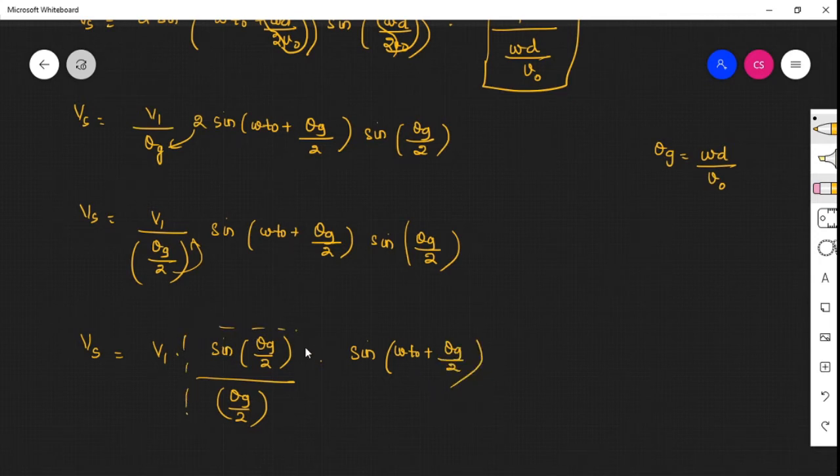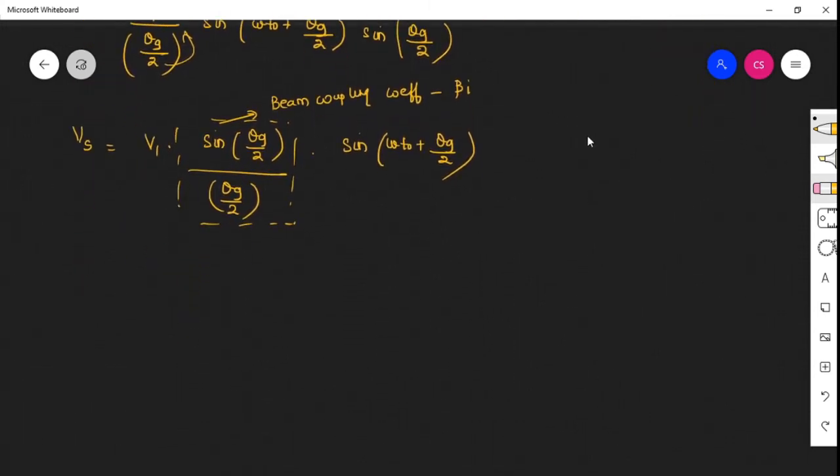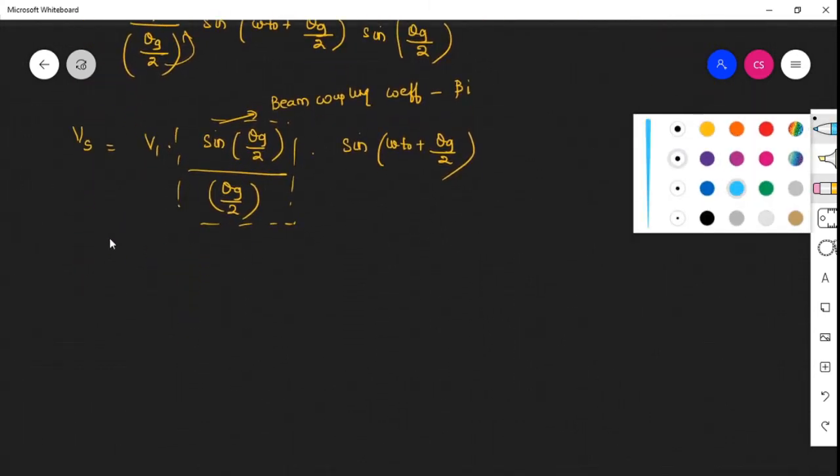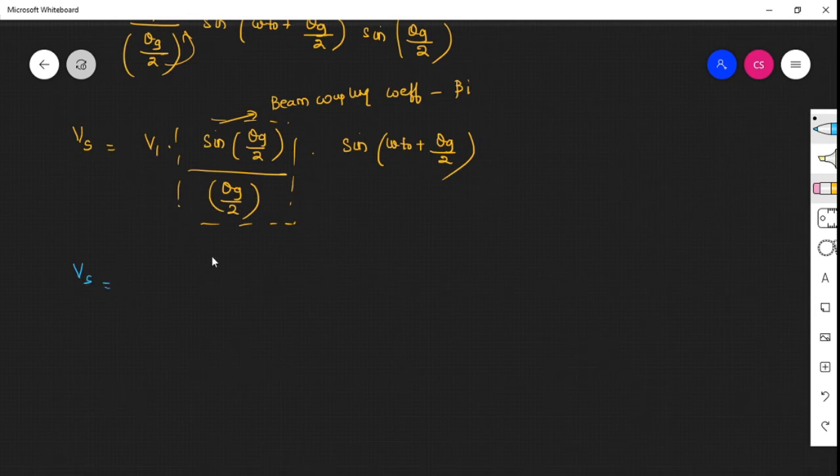This term, sin theta g by 2 by theta g by 2, is called the beam coupling coefficient, and it is represented by beta I. So we're going to write the equation for the average microwave input voltage: Vs is equal to V1 beta I sin of omega T naught plus theta g by 2, where beta I, the beam coupling coefficient, is given by sin of theta g by 2 divided by theta g by 2.